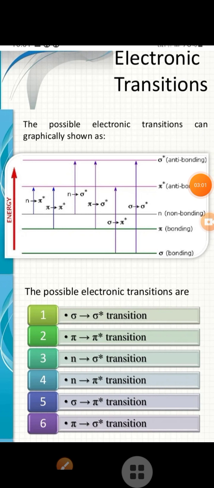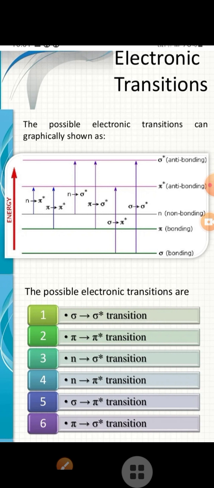What is the principle of UV visible spectroscopy? It involves absorption of radiations by substances in the UV and visible regions, and here anti-bonding orbitals, the orbitals which do not take part in bonding, are involved. There are electronic transitions in the UV visible spectrum, and various excitations are possible, with various absorptions corresponding to these transitions.